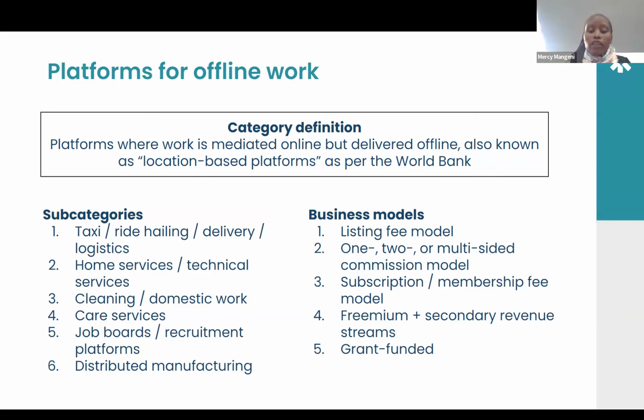So such platforms tend to be very asset light, where the work is mediated, and as such, it's very attractive in terms of positioning and in terms of scale. If you think about how these platforms have been able to scale within this continent, there's a case to be made there. Those are some of the trends that we are seeing within this category, and there are many more that we've highlighted within the landscape scan itself.